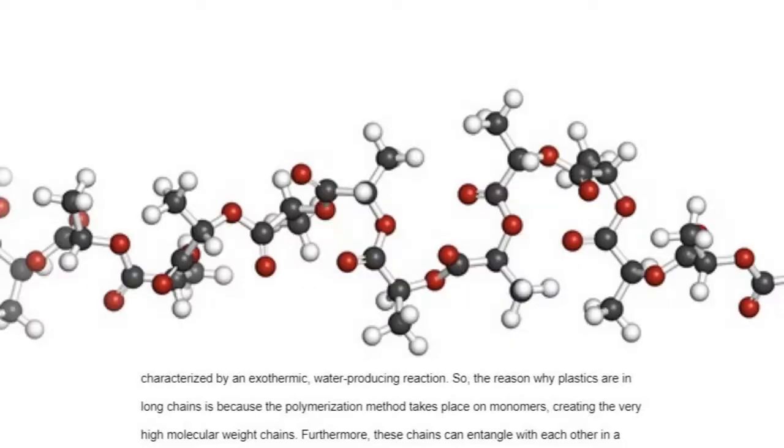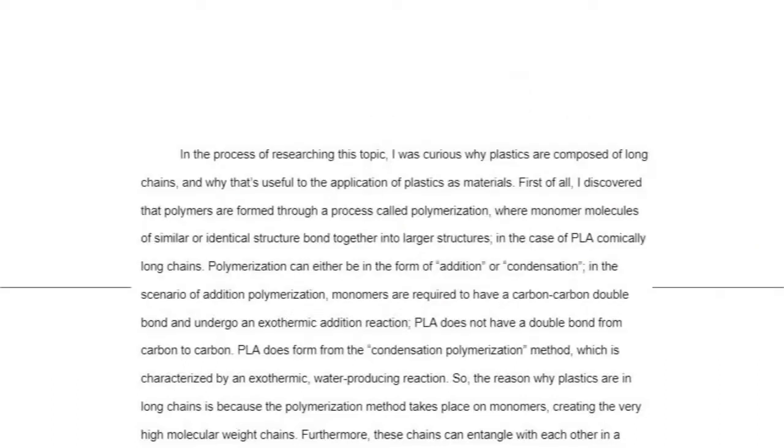Polymerization can either be in the form of addition or condensation. In addition polymerization, monomers are required to have a carbon-carbon double bond and undergo an exothermic addition reaction. PLA does not have a double bond from carbon to carbon, but PLA does form from the condensation polymerization method, which is characterized by an exothermic water-producing reaction.